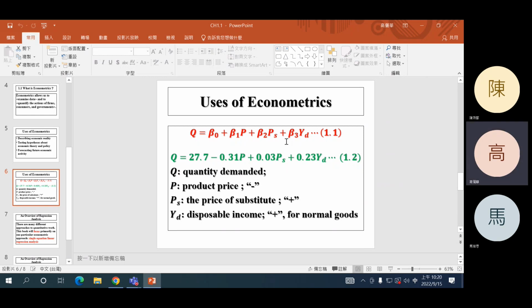If you didn't learn economics, never mind. I think this is common sense, right? The price of the cell phone itself, for example Apple's iPhone. The price of the substitute means other than iPhone. Then how much money do you have? That's called disposable income. So think about these three effects.